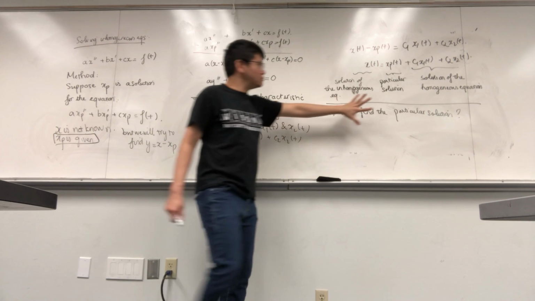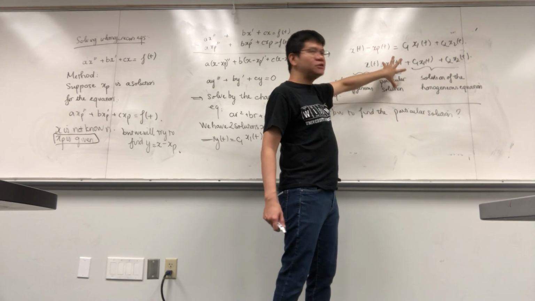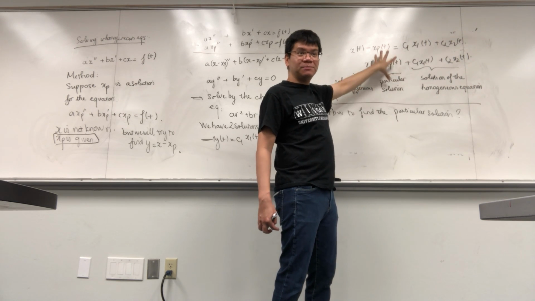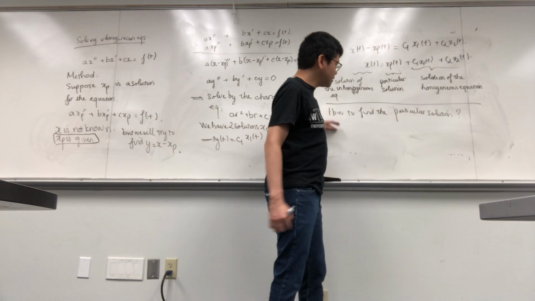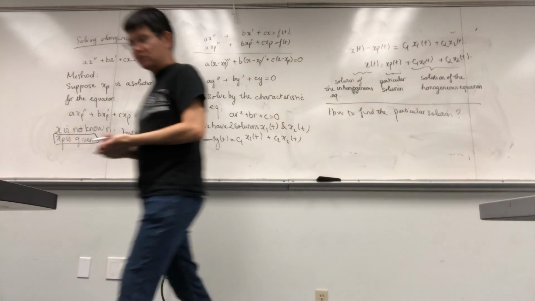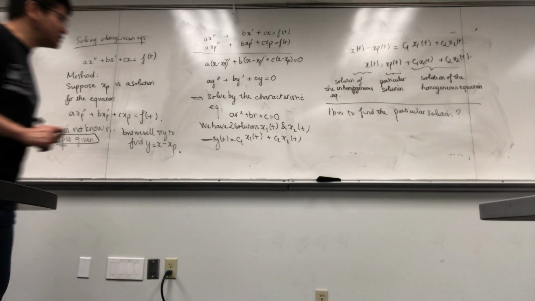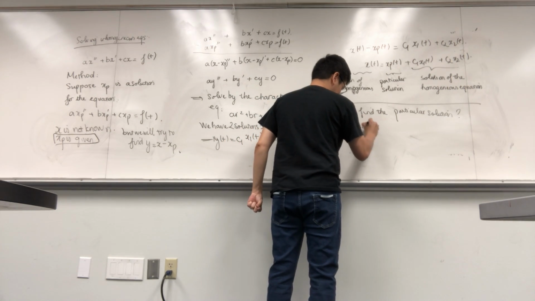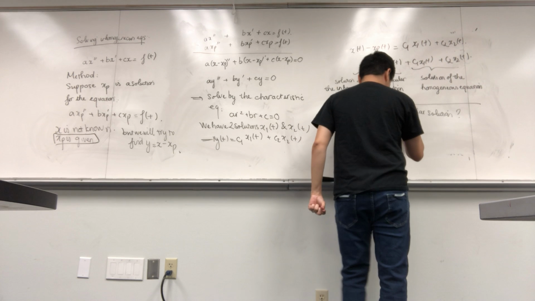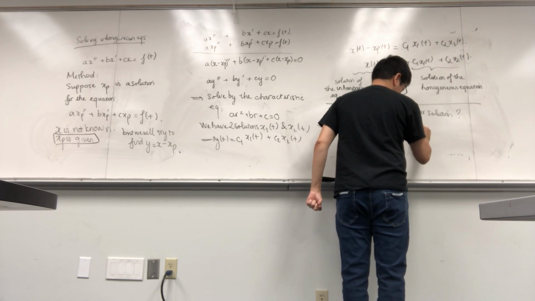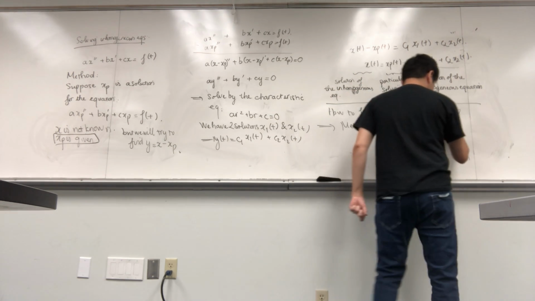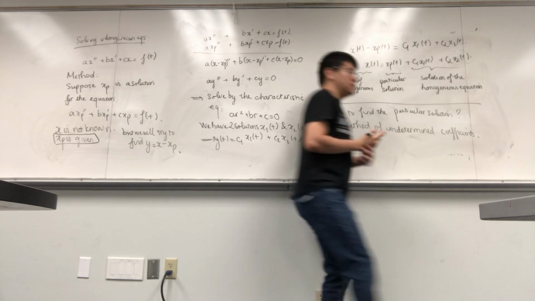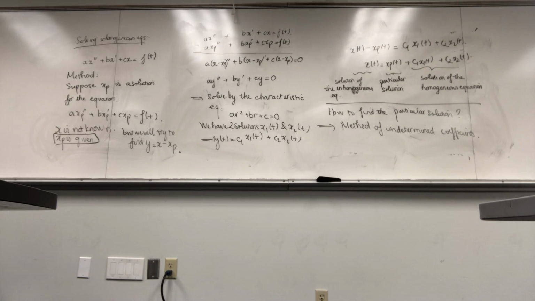So in the previous class, the particular solution was given, and we didn't know how to find it. But in this class, we're going to find this particular solution, and the method is the method of undetermined coefficients.